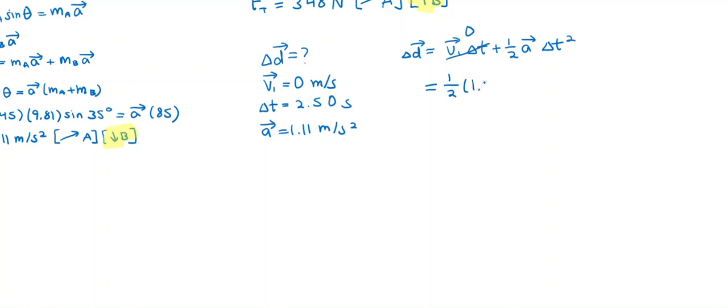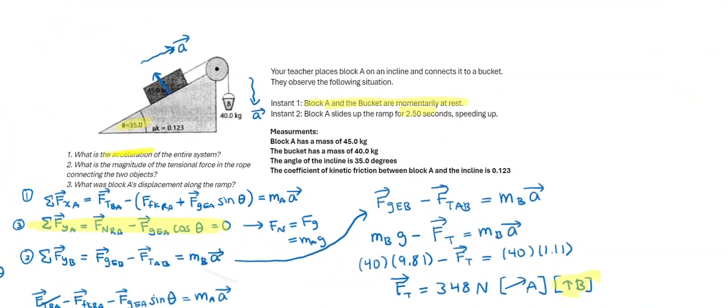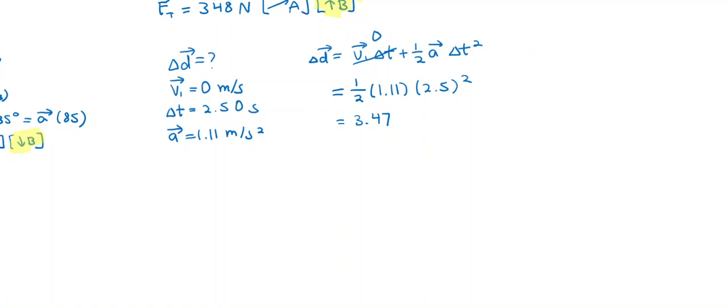So half of 1.11 times 2.5 squared. And you should get 3.47. What are the units? It should be meters. I'm just going to put meters for the units. And then it's going to be up diagonally this way.